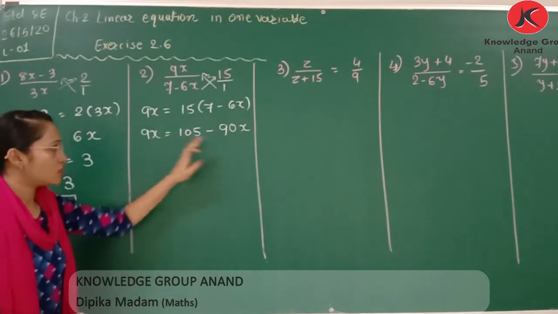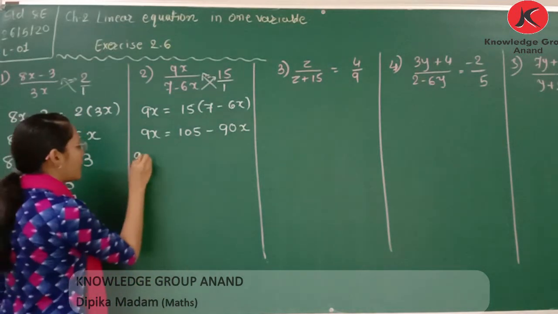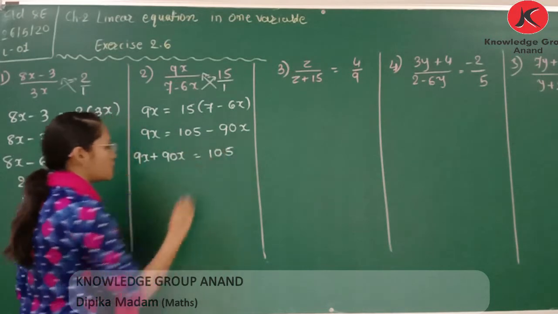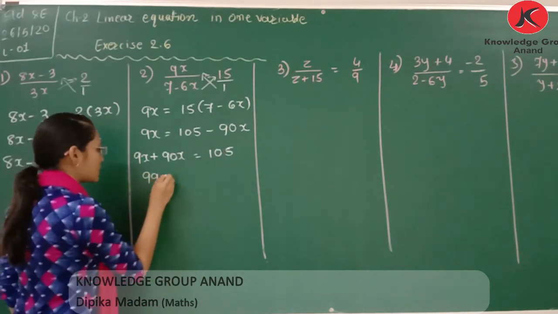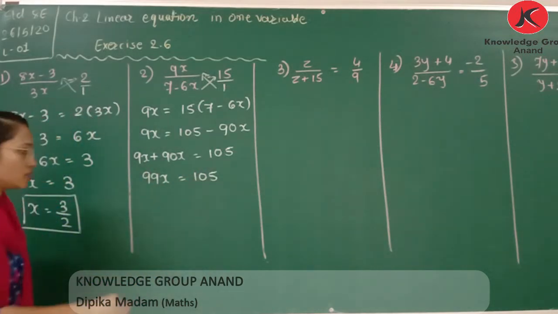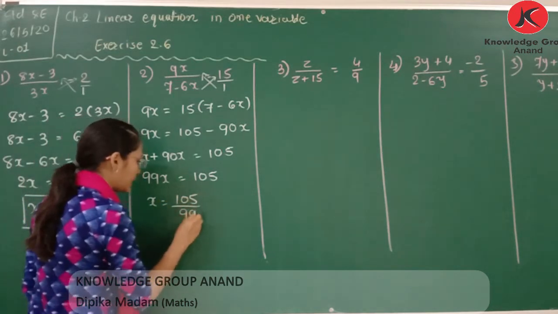These are like terms. So 90x on the left side becomes plus 90x. So 9x plus 90x is equal to 105. 9 plus 90, it is 99x is equal to 105. Now 99 is in multiplication, so it is x is equal to 105 divided by 99.